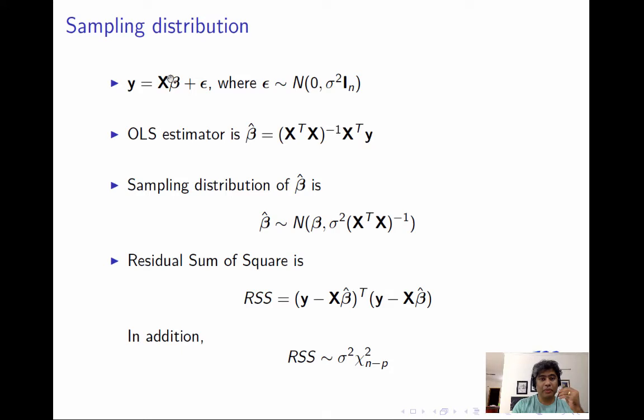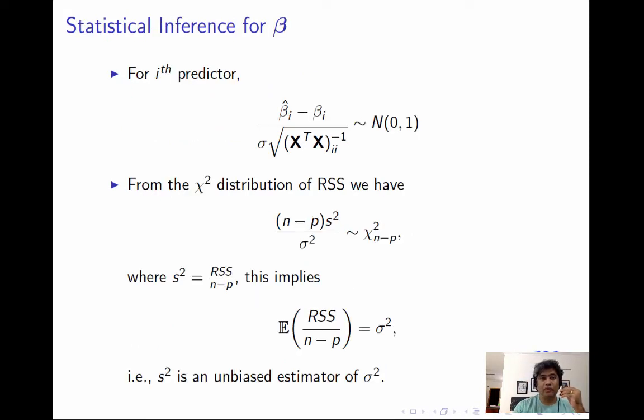From beta, we have beta hat, and we know its sampling distribution, but this is a vector-valued sampling distribution. For a particular predictor, in the univariate case, this is exactly the sampling distribution, and for sigma square, this is the sampling distribution, and this is the precise estimator for sigma square.